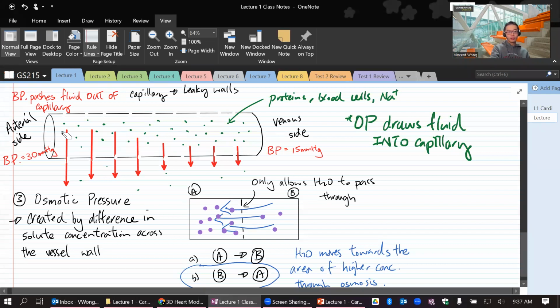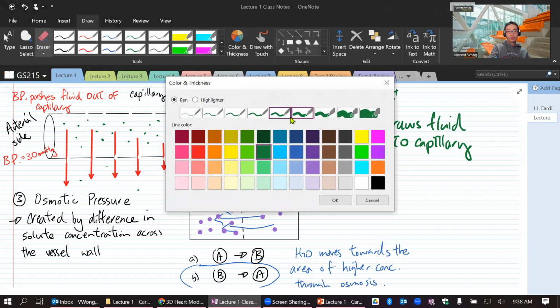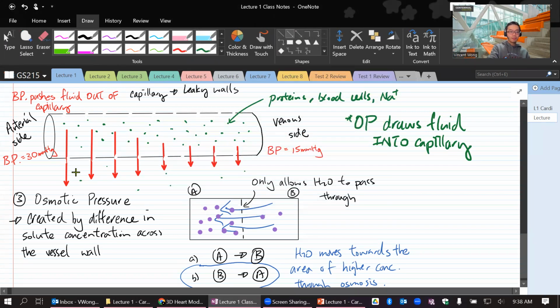Unlike blood pressure, which drops as we go from one side to the other, the concentration of the blood does not vary substantially from one side to the other. And so the osmotic pressure created by that difference is going to be the same as we move from one side to the other.